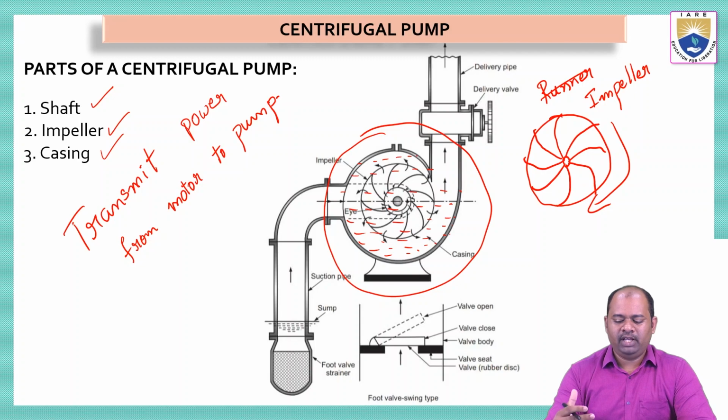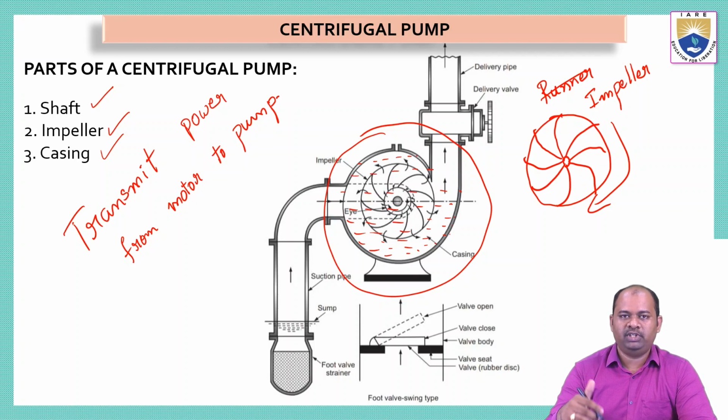So whenever we are increasing the pressure and velocity, the water will move at a very high speed. Because we have a rotating impeller, it will splash the water in all directions. So in order to avoid the splashing of water in multiple directions, and also not to lose the pressure and velocity of the water, we have to use a casing.